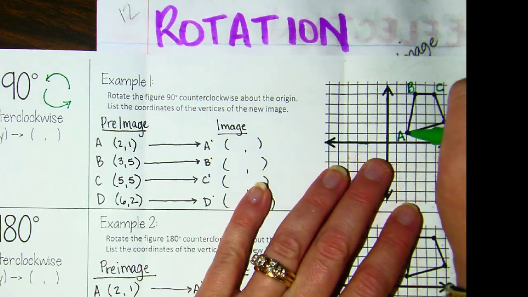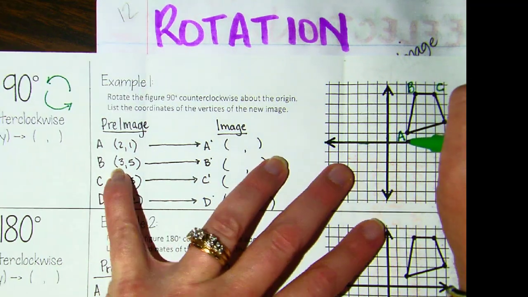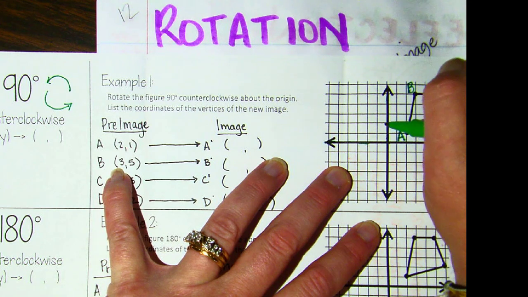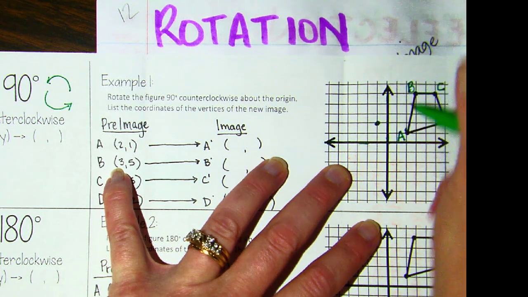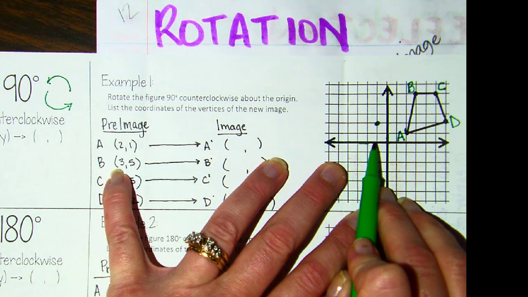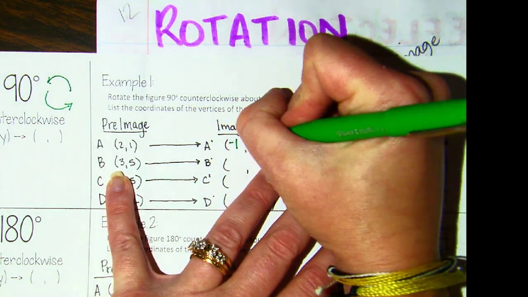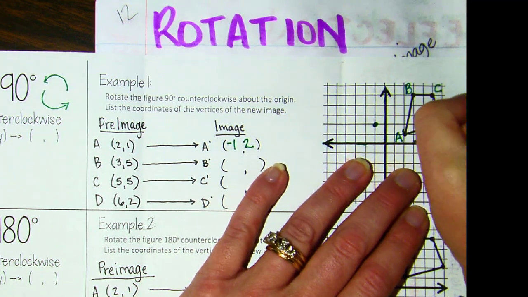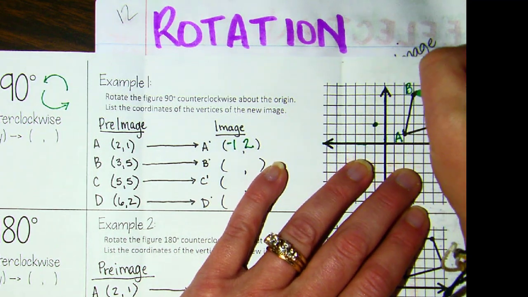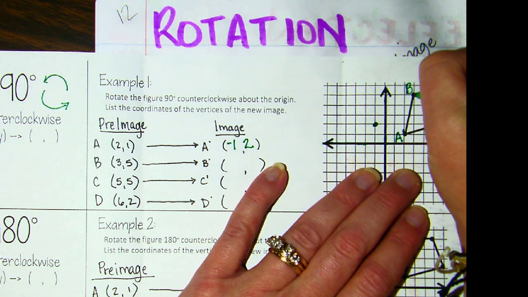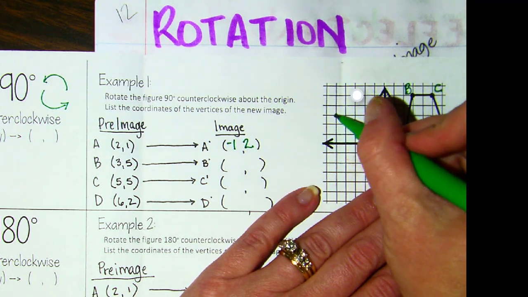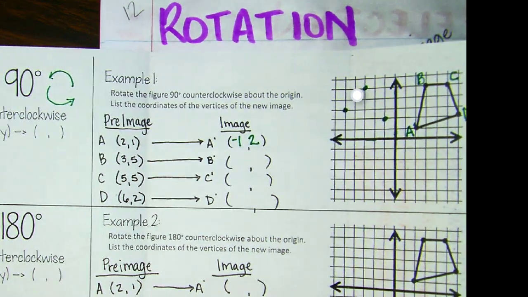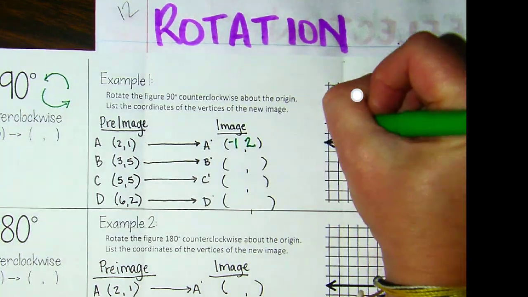So A, which is at 2, 1, will now be at this place, which is -1, 2. B, which is at 3, 5, will be at -5, 3. And this is B prime.